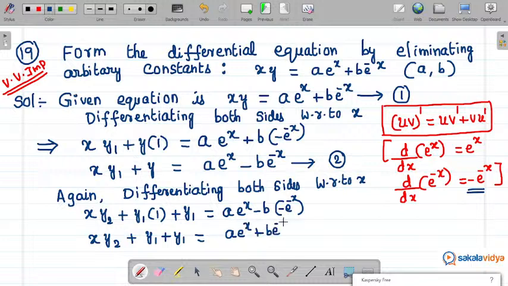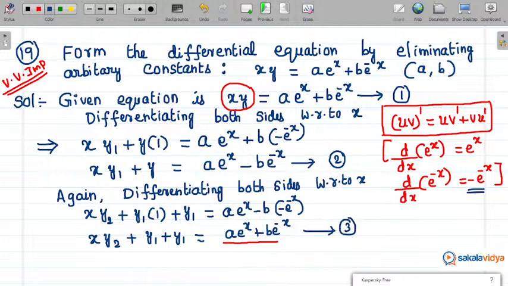Actually it's very interesting. If you observe, a e power x plus b e power minus x is nothing but xy from equation 1.